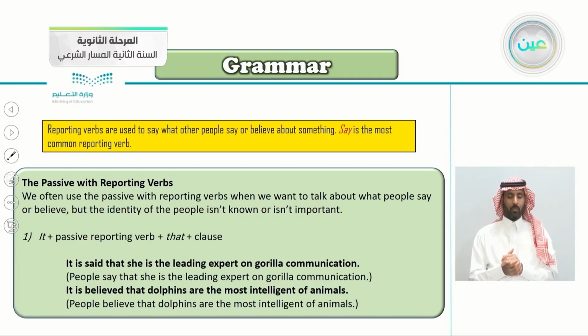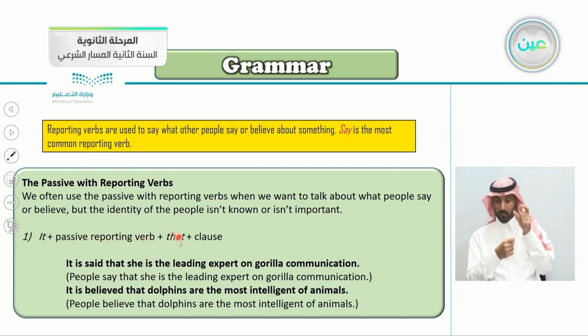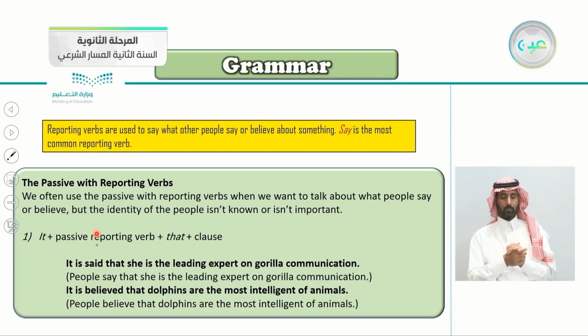So number one: it plus passive reporting verb plus that plus the clause. So we have four parts here. It, then the passive reporting verb, then the word that, then we continue with the clause.